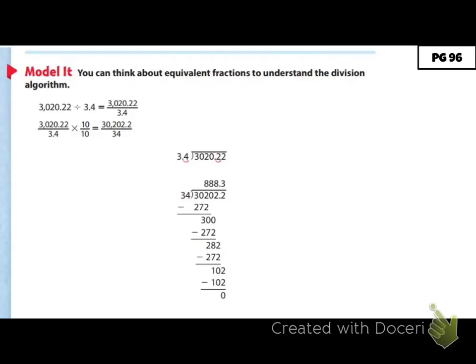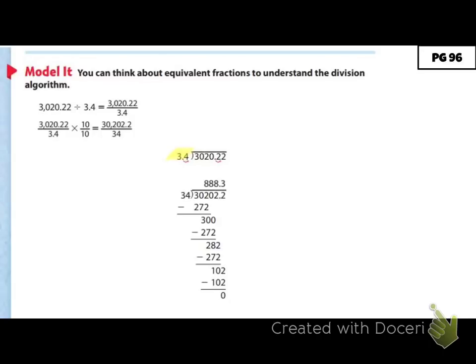You can also model it. So you could put it as fraction form, as they have, or you could put it as just regular form and then move the decimal in your divisor completely out. So I'm going to highlight it for you. Right here, move it all the way over to where it's not in there anymore.